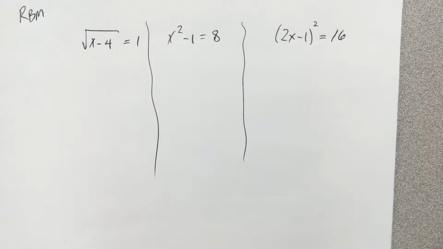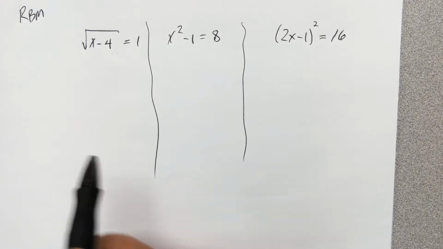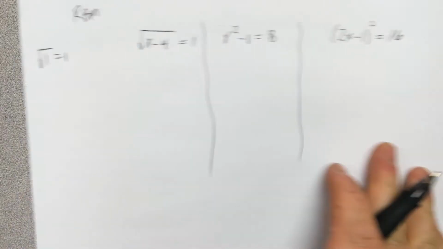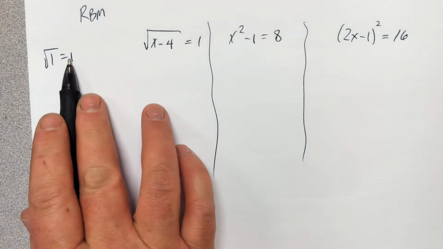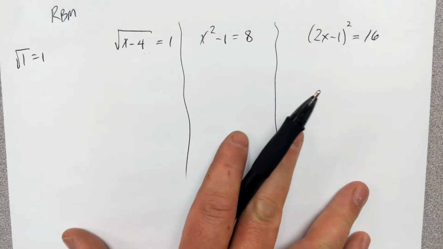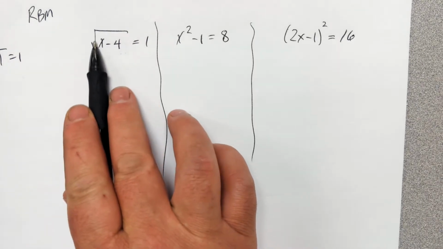I think it's 1, because 1 times 1 is 1, right? So this has to be 1. The square root of 1 equals 1, because this is saying what number times itself equals 1. So what number does x have to be so that this thing is 1?